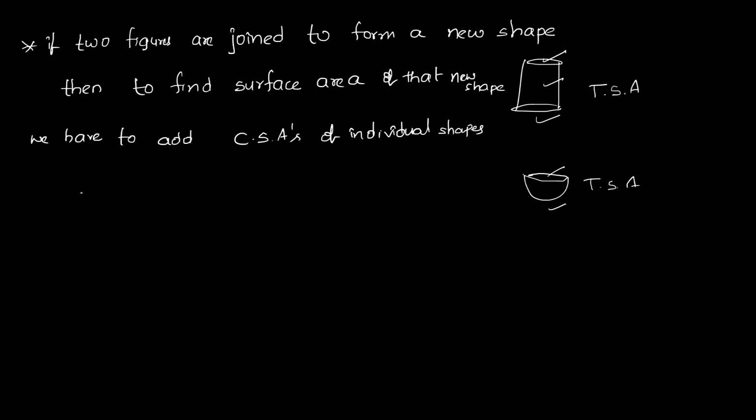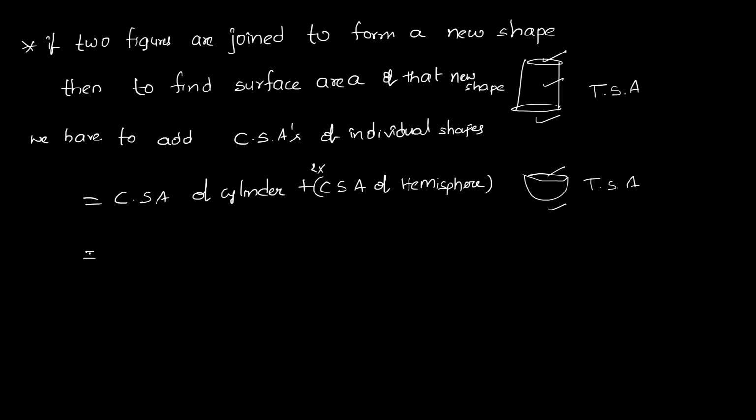Now here, total surface area of the solid is equal to CSA of a cylinder plus CSA of hemisphere. 2 ఉన్నాయి కాబట్టి 2 into CSA of hemisphere రాసుకుంటాను.